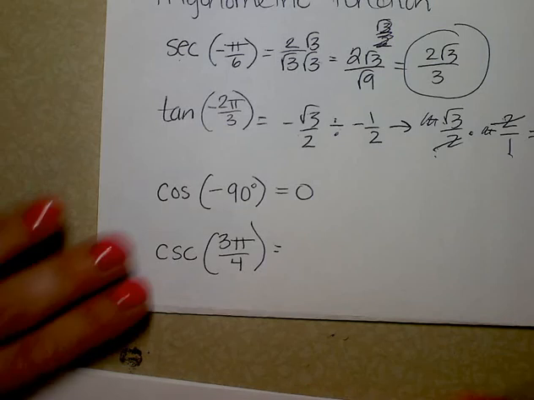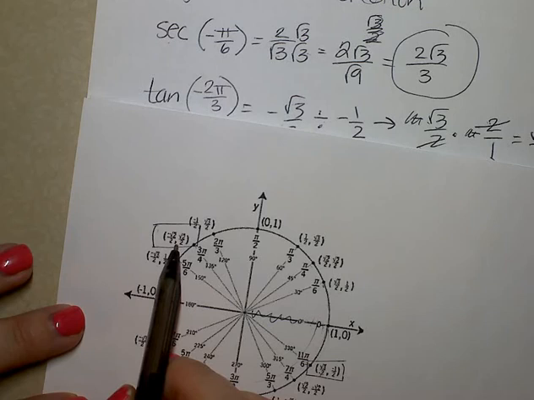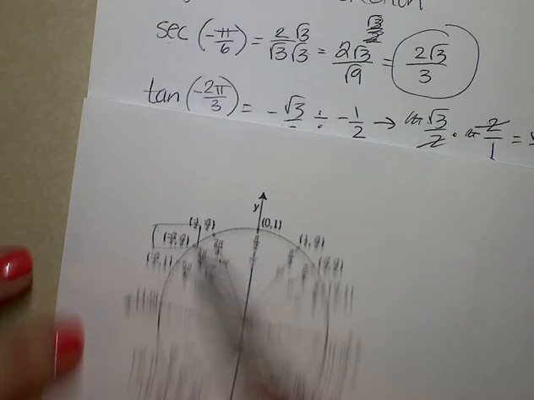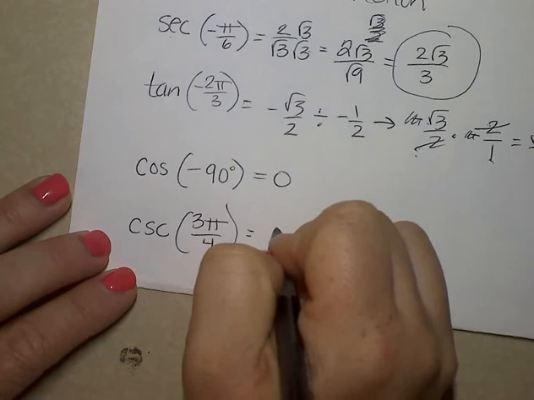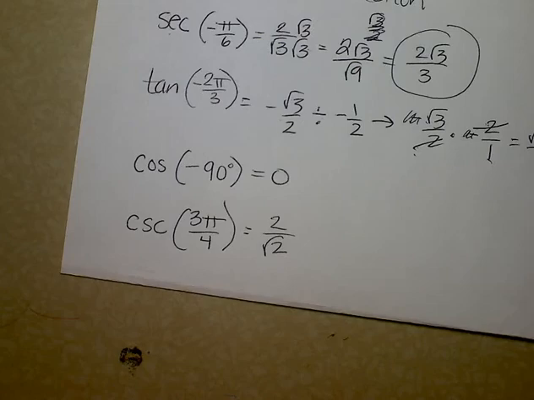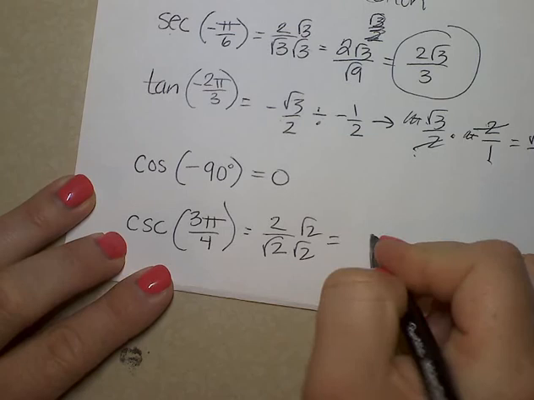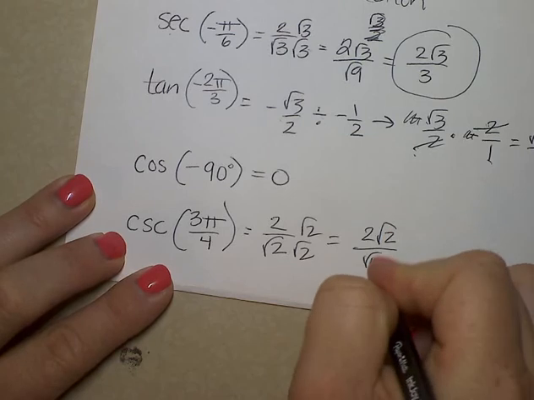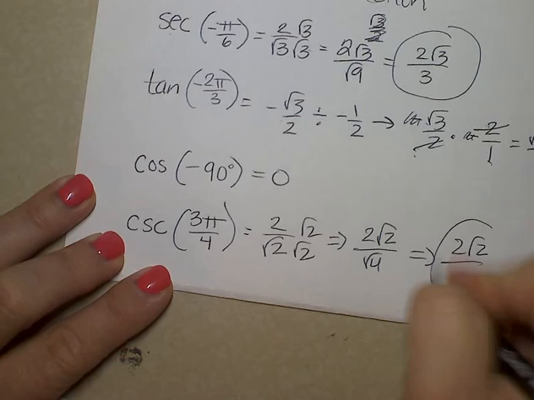The sine at this location is positive radical 2 over 2. But I need to flip it because it's reciprocal. So instead of positive radical 2 over 2, it's 2 over radical 2. That's not mathematically wrong, but it's not proper. I need to multiply the bottom and the top by radical 2. 2 radical 2 over 2, and done.